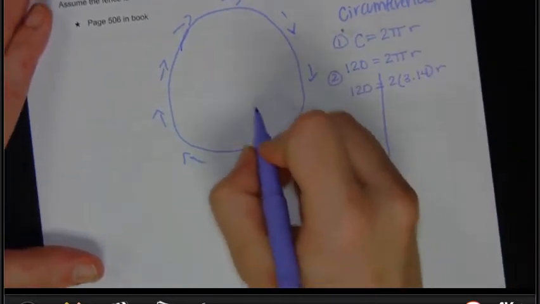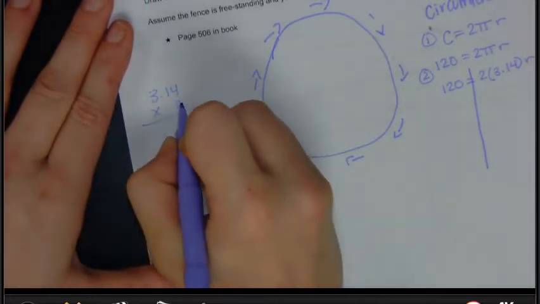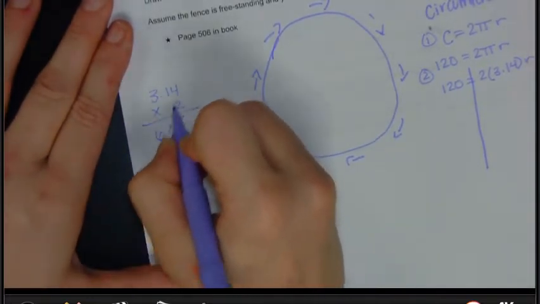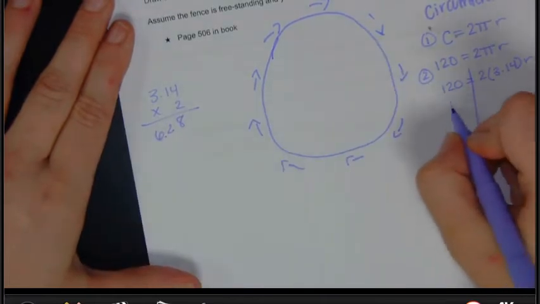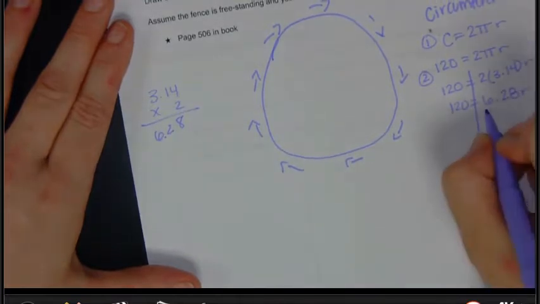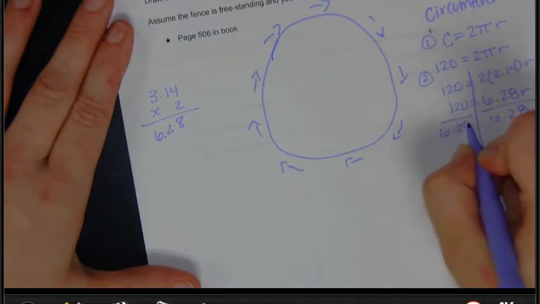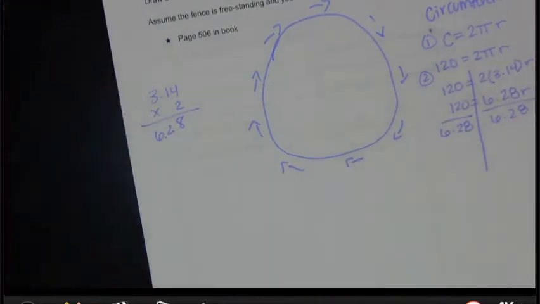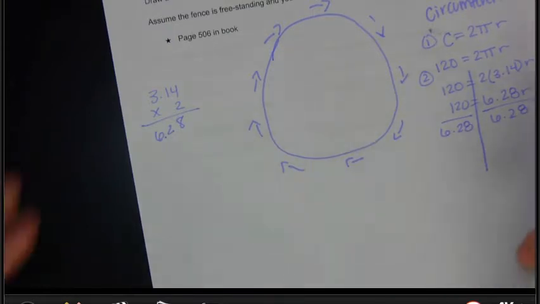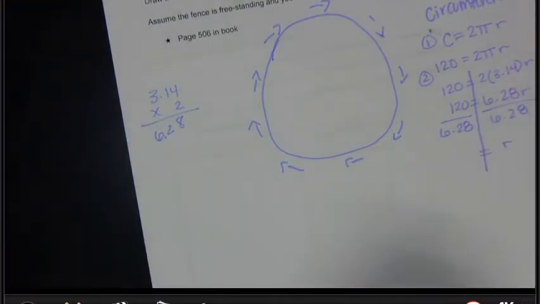Let's go over here off to this side. So 3.14 times 2 is 6.28. So 120 is equal to 6.28 r. Divide both sides by 6.28, and I'm going to get r equals, let's see.